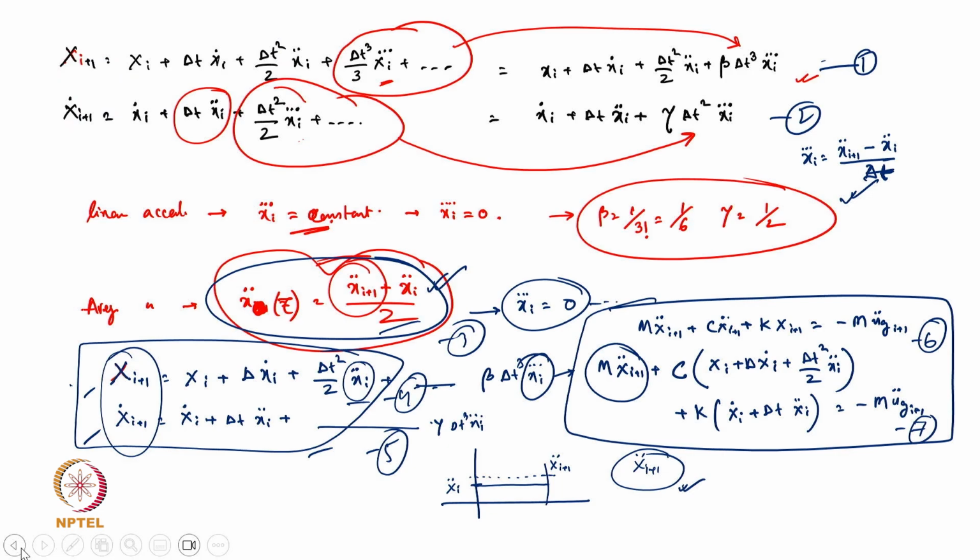If you put gamma equal to half and beta equal to 1 by 4, then your solution set actually matches the average acceleration case. That is some sort of forced way to match. If you try to calculate the jerk and try to match it, it is not going to match. Okay.